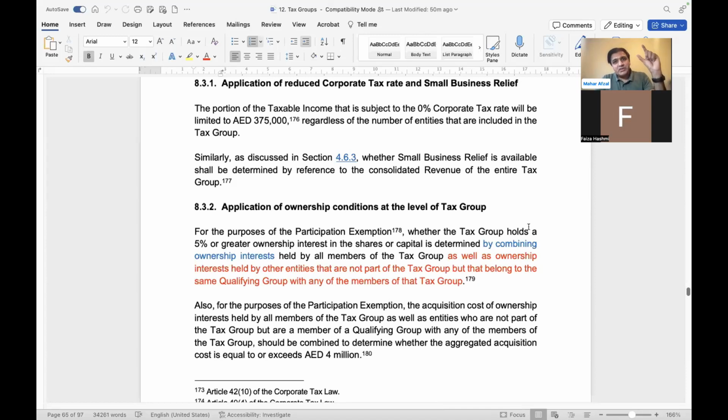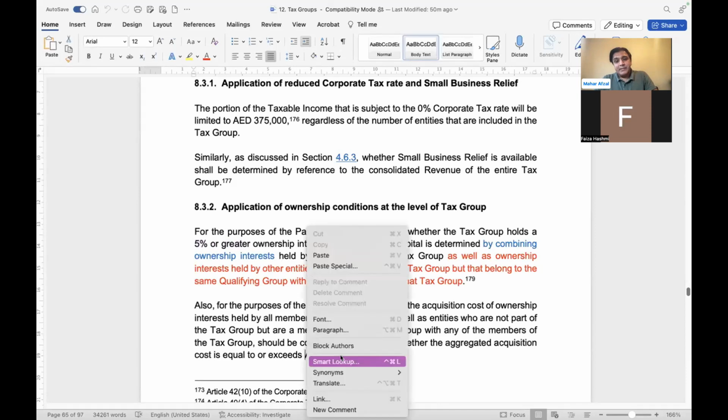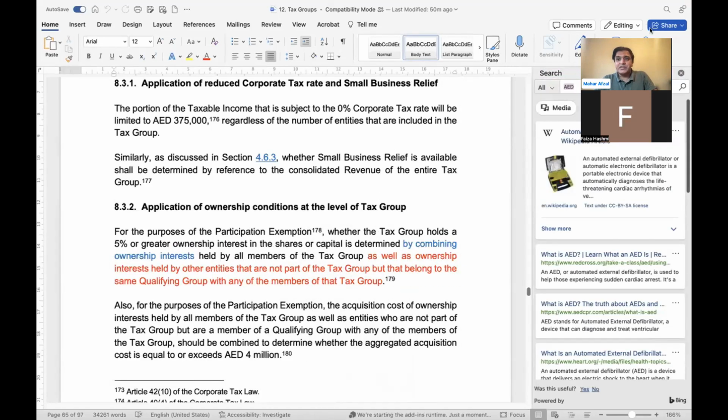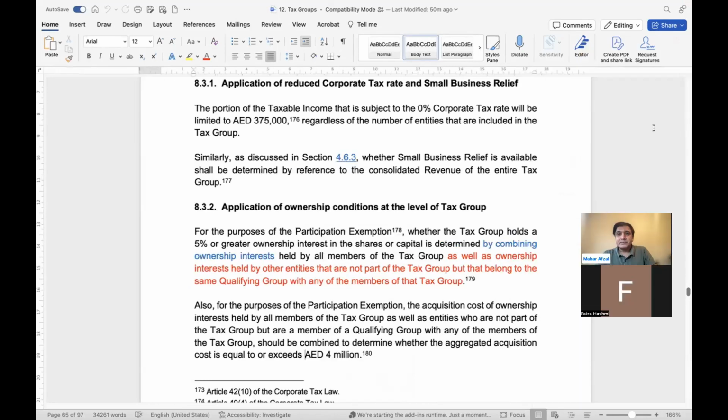Now the question is this 5% and this 4 million investment, this 5% minimum and this 4 million absolute value. This is very important. This will be the consolidated share of the parent company and of the group members.